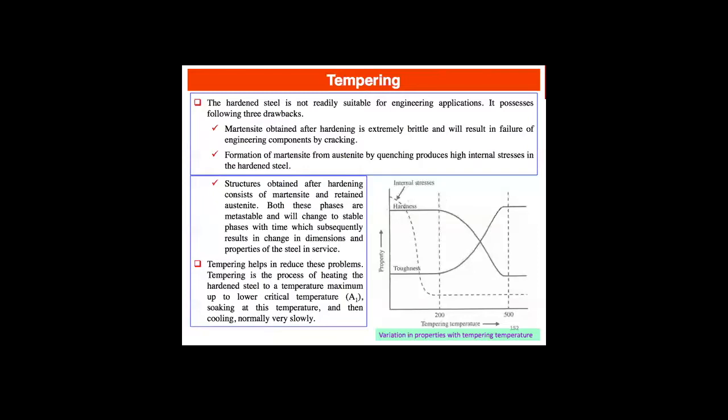This is the fully hardened state, and over here is a tempering temperature. Even if we have retained austenite in there, if we didn't go completely to martensite, we still have a lot of the same problems, but a little bit more ductility in this case. But both the martensite and the retained austenite are metastable, right?